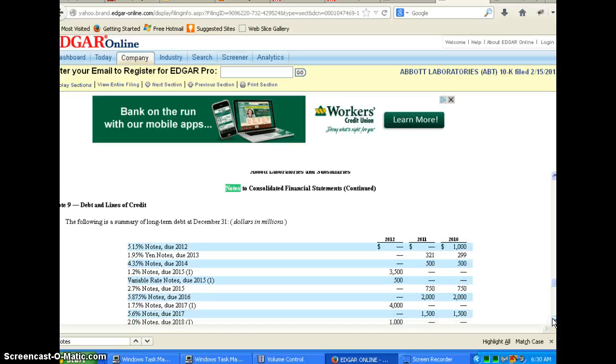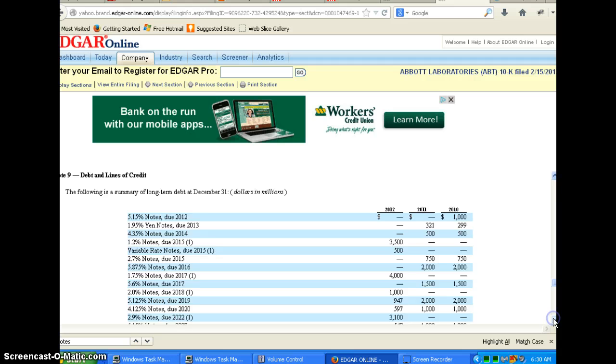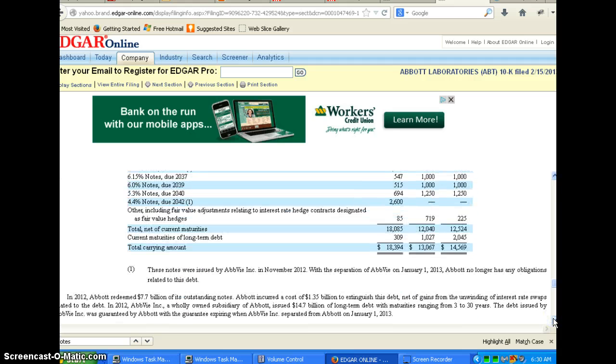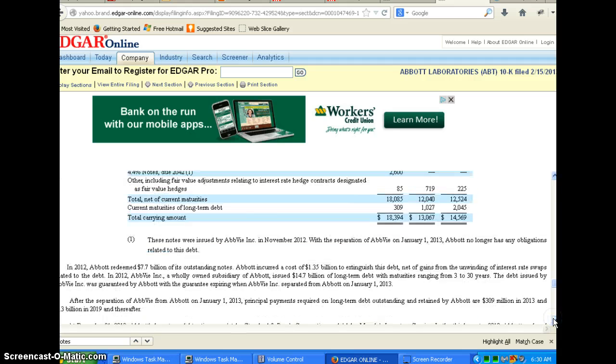And this is what's going on. Debt and lines of credit. Now what you're going to see here is, let's read the notes here.